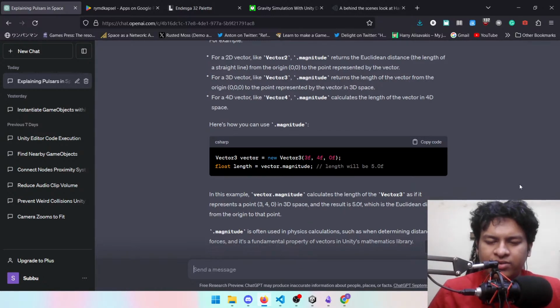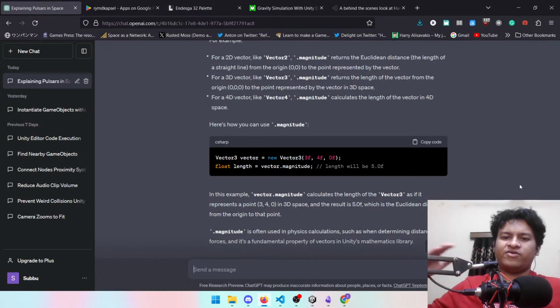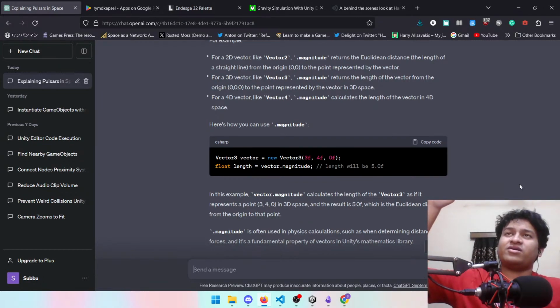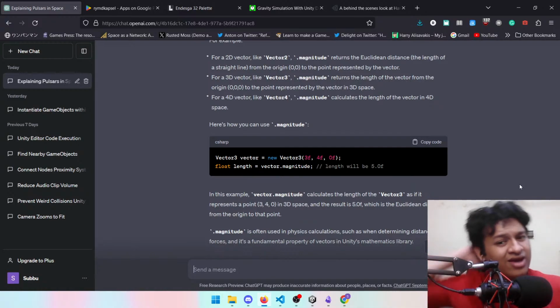Vector dot magnitude. The length will be 5. Okay, 3, 4. From here it will be 5, I guess.